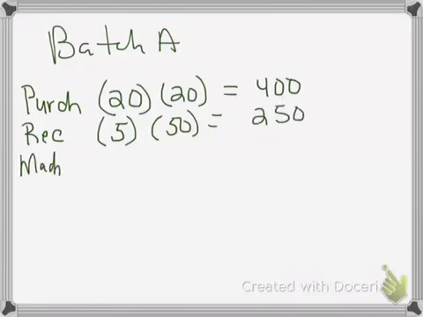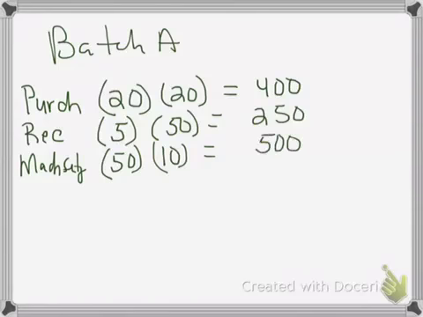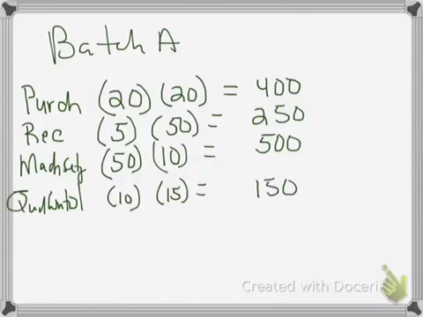Machine setup is figured at $50 for each setup we have to do, and it says we have 10 setups with batch A, so that's going to cost us $500. And then we have our quality control, and our quality control is based on $10 per inspection, and we're going to have 15 inspections with this particular batch, and so that's going to rate at $150.